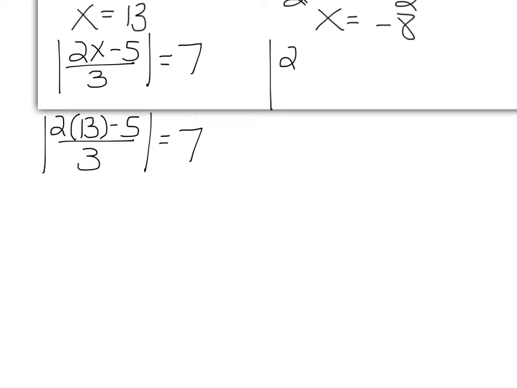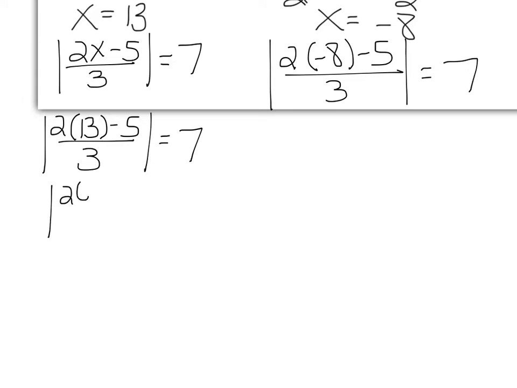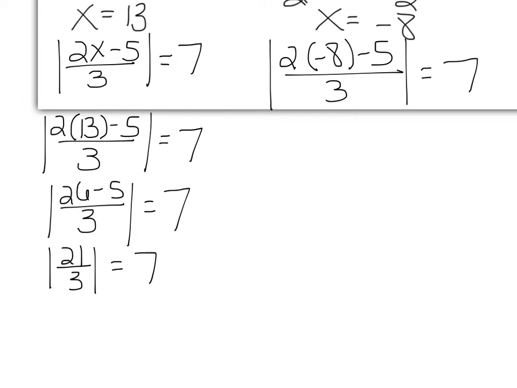And then over here we get the absolute value of 2 times negative 8 minus 5 over 3 equals 7. Okay, so let's do this left piece first. This is the absolute value of 26 minus 5 over 3 equals 7. So the absolute value of 21 over 3 equals 7. So the absolute value of 7 equals 7. So that's true. So 13 is an answer.